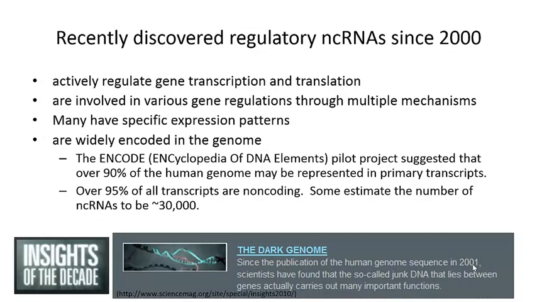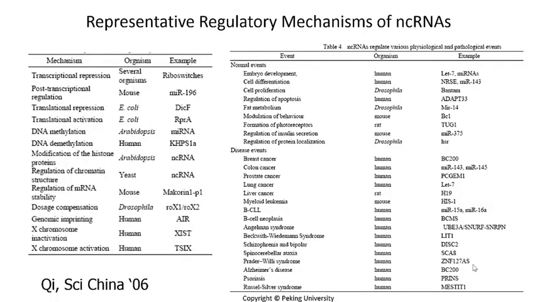It has thus been estimated that there are about 30,000 non-coding genes in the human genome, similar to the number of coding genes. Therefore, the discovery and study of non-coding elements in the genome is listed first in the review by Science of progress in the first 10 years of the 21st century.